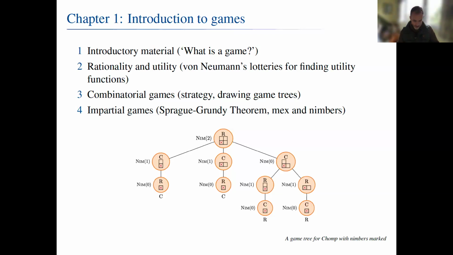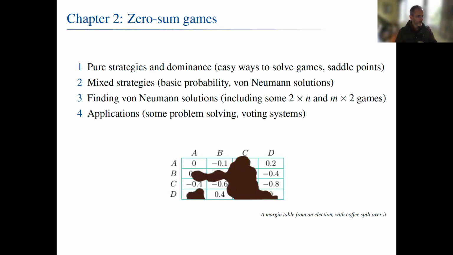So that's chapter 1. Chapter 2 is what you might expect from zero-sum games. Here we really have to start talking about the notion of strategy. So we have pure strategies, and we have mixed strategies, which is where the probability comes in, so we didn't have to do it straight away. We could leave it till this point.